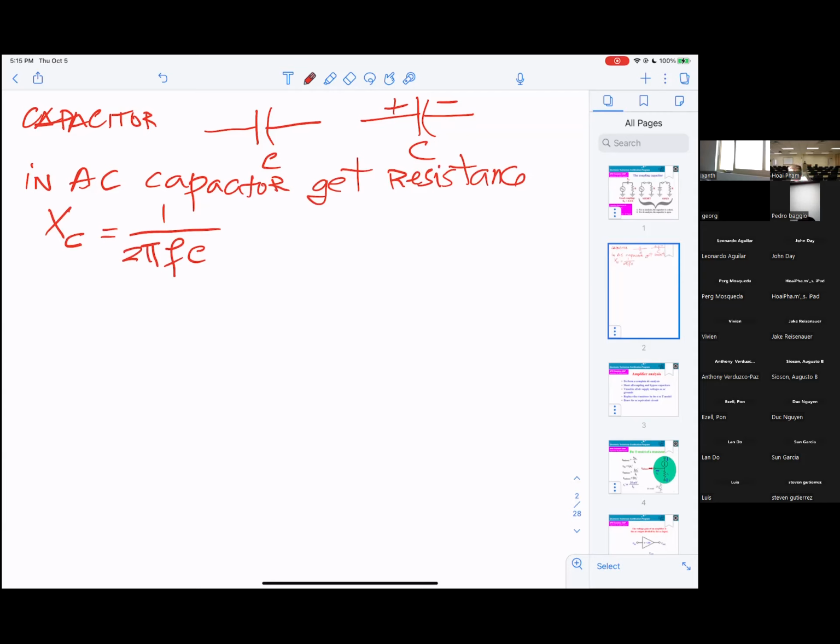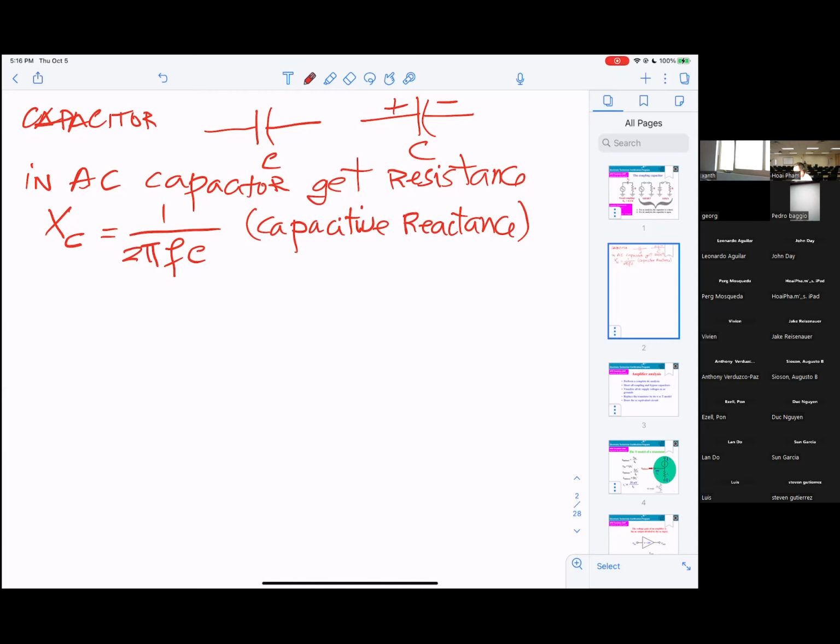They call it capacitive reactance. That means XC will be a resistance in ohm, but they get a name, capacitive reactance.